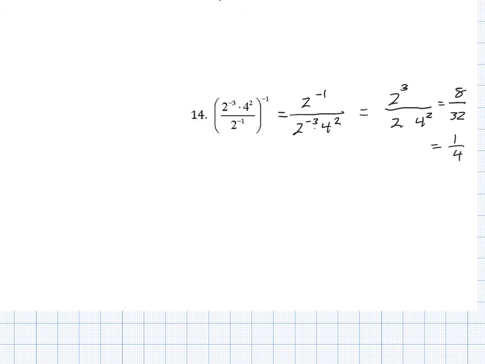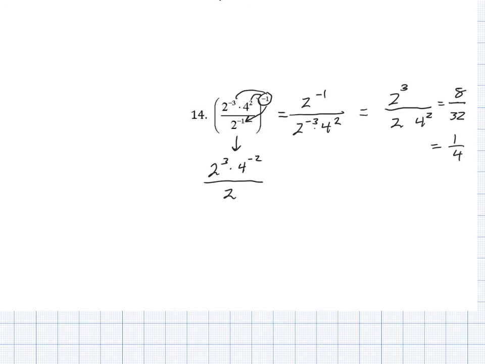Now, Landon, the other way we could have done this is to distribute this exponent over all these exponents. What would have happened if I did it that way? You just get a positive. You get 2 to the 3 times 4 to the negative 2 over 2.